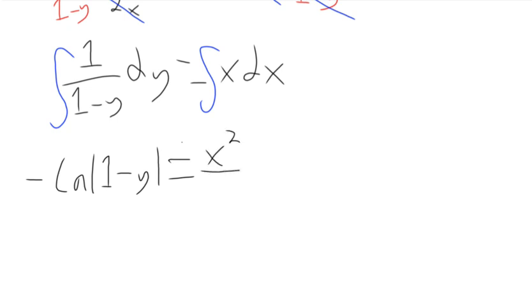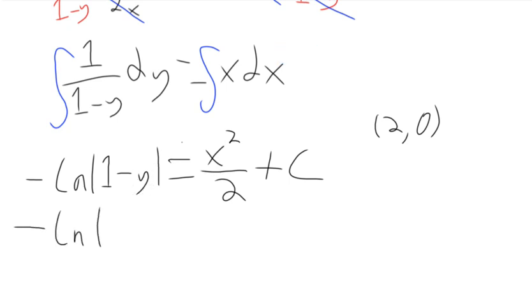Equals the integral of x, which is x squared over 2, and then I'll put down just plus c on the right. Then I have my initial condition, 2, 0. So I'm going to plug in 0 right here and 2 right here, so I'll have negative natural log of absolute value, well, I don't need absolute value because 1 minus 0 is 1, so I'm just going to have natural log of the absolute value of 1, which is just 1, equals x squared over 2, x is 2, 2 squared is 4, 4 over 2 is 2, plus c.